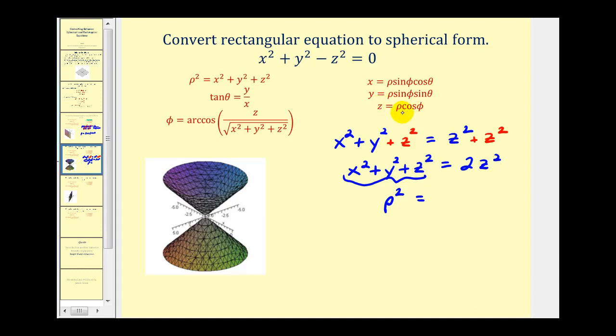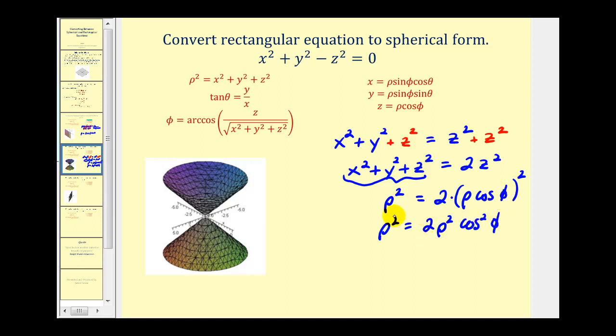But there is an equation here that says z is equal to rho cosine phi. So we would have 2 times rho cosine phi, and this would be squared. Now let's see if we can clean this up. We would have rho squared equals 2 rho squared cosine squared phi.